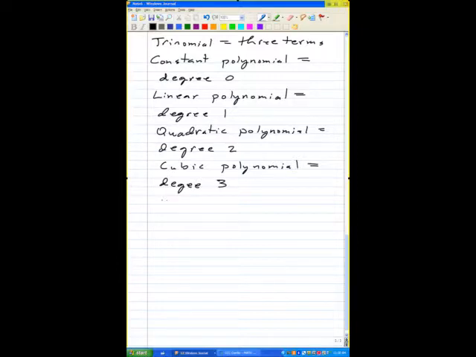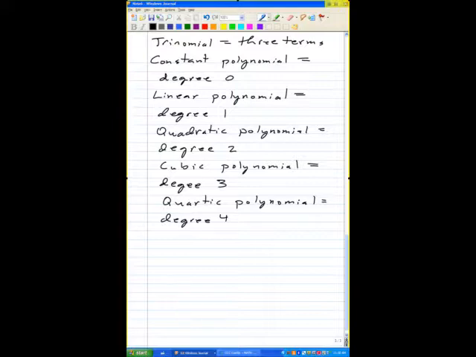A quartic polynomial is one that has degree 4. We have etc., but I'll leave it at that.